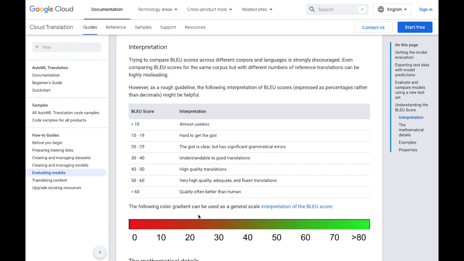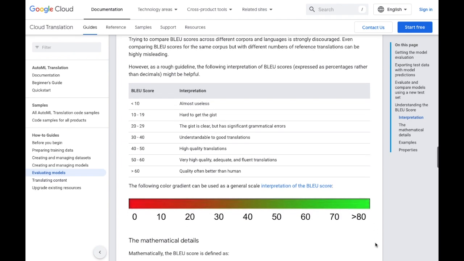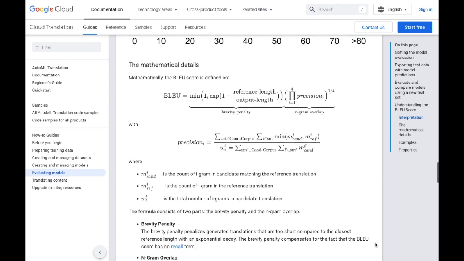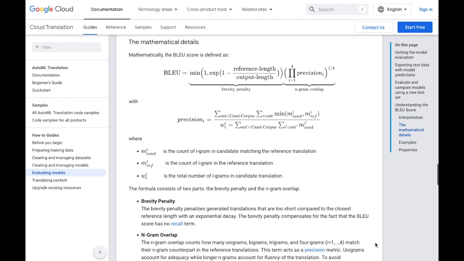So here's a nice color gradient chart that you can use as a general scale to interpret the score of your translation if you're using the BLEU score, where red is bad and green is good. And this site also provides some mathematical details to define how the BLEU score is calculated. So you have the mathematical calculation, which includes the n-gram overlap, which we talked about, and then how the brevity penalty is calculated.